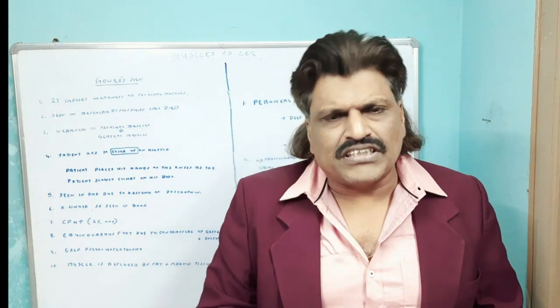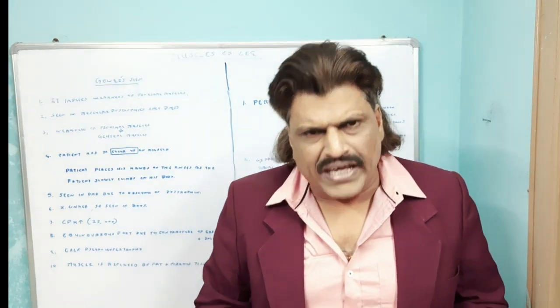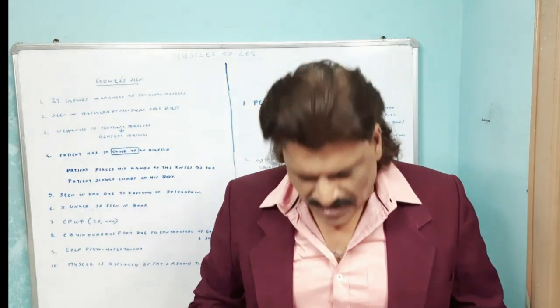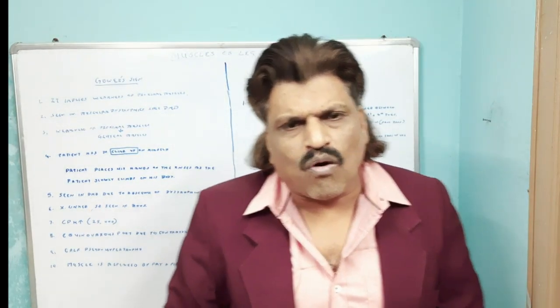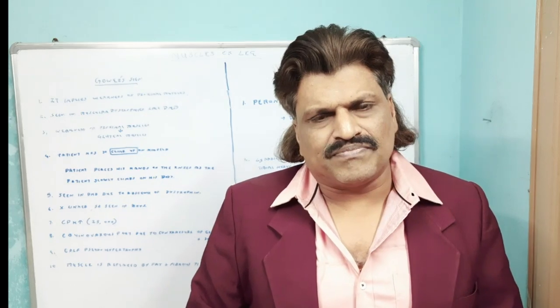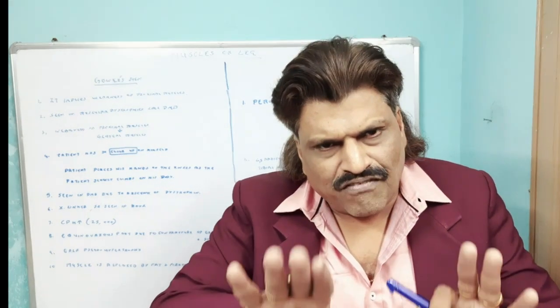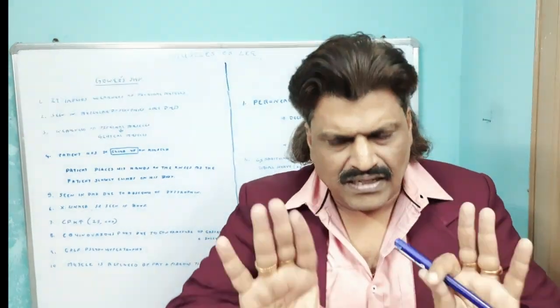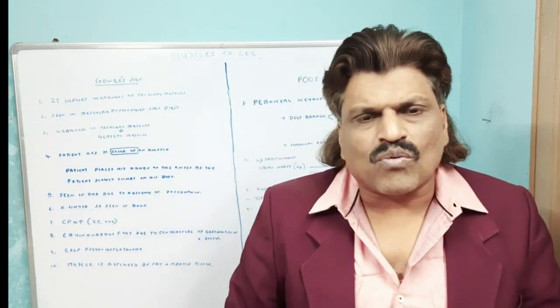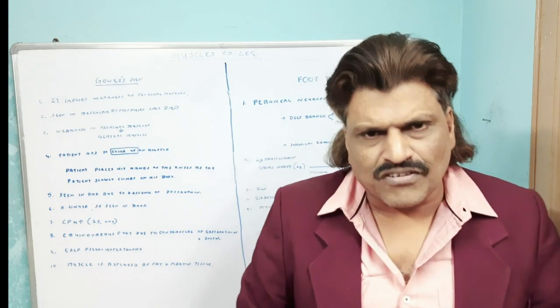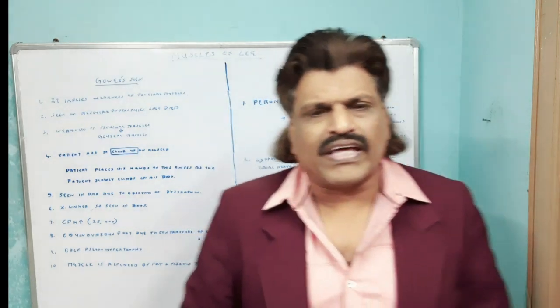If the dorsiflexors are weak, patient cannot walk on the heels. If the dorsiflexors are weak, the foot has to dorsiflex. If it is weak, they cannot walk on the heels. If my dorsiflexors are good, I can walk on the heels.